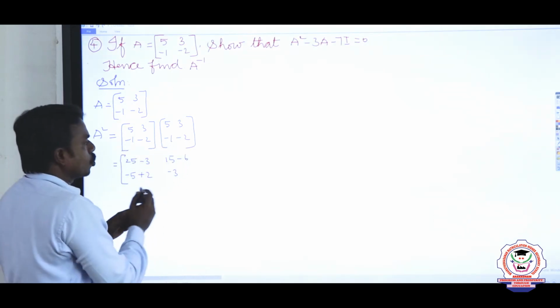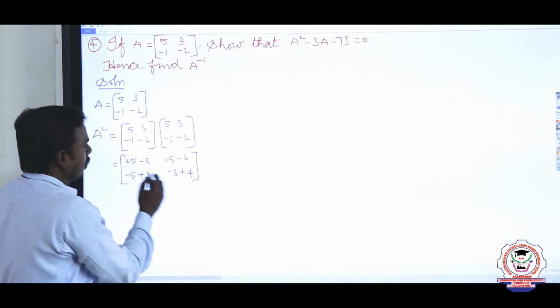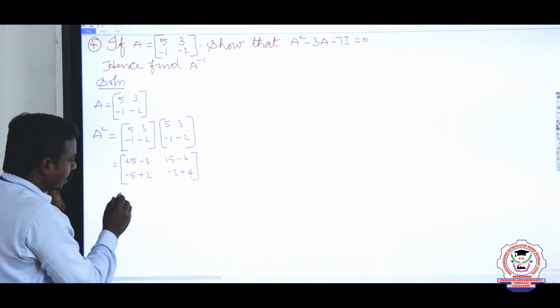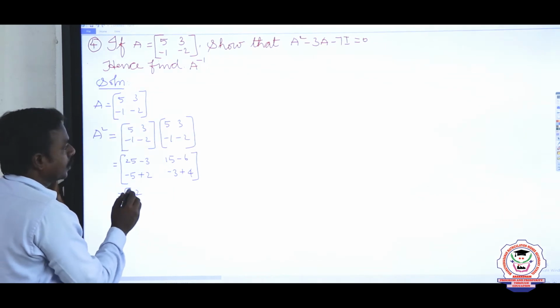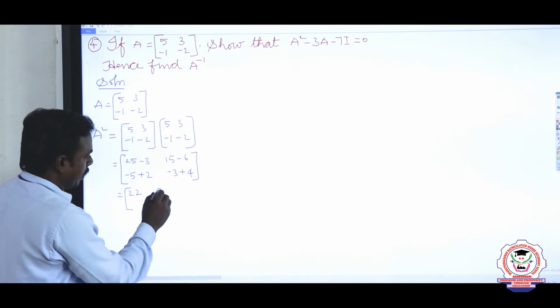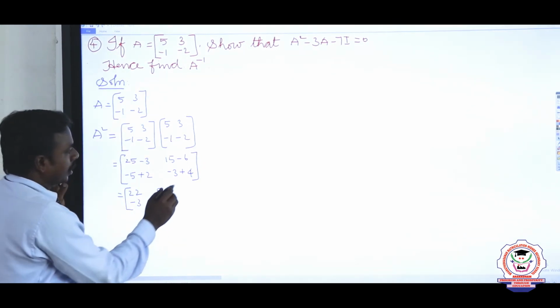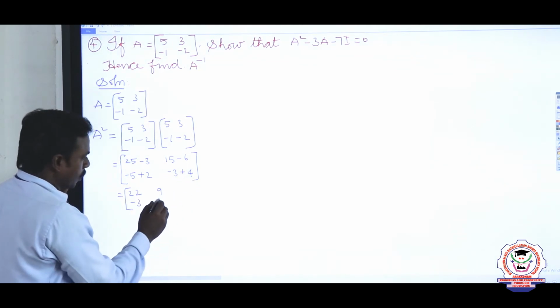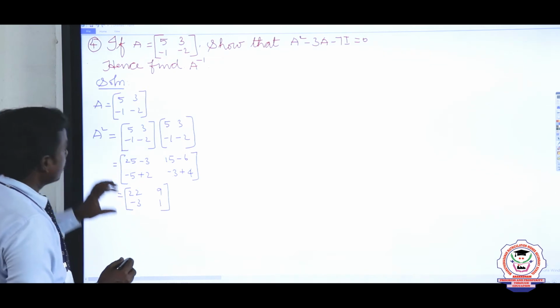Minus 2 into minus 2, plus 4. Now, 25 minus 3, that is 22. First row second column, 15 minus 6, that is 9. Minus 5 plus 2, minus 3. Minus 3 plus 4, plus 1. Listen, so this is A square.